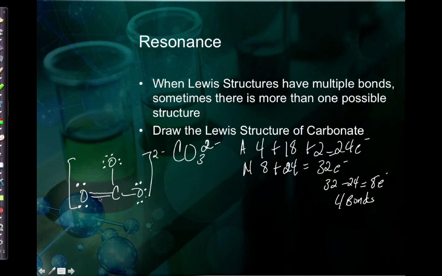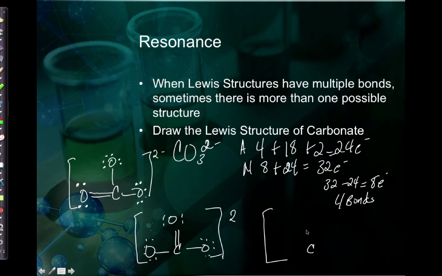Well, the fact of it is that that double bond could actually be here or here. So my other possible Lewis structures could be this. Okay, so this is one possible Lewis structure, and then the other one is this.